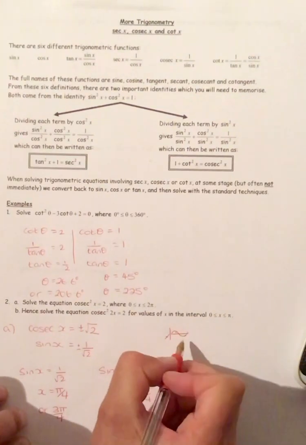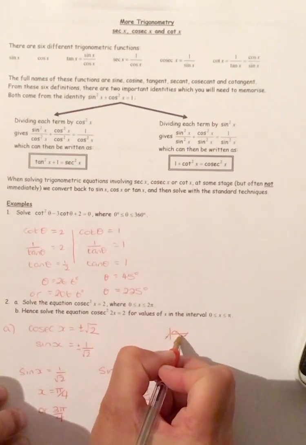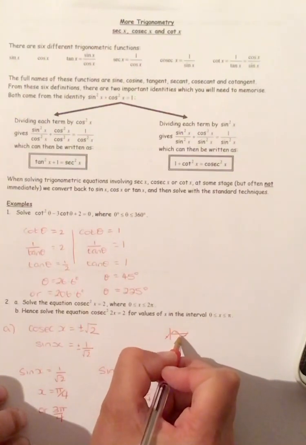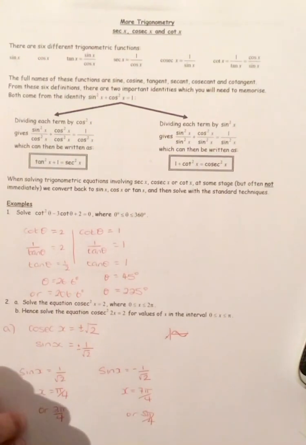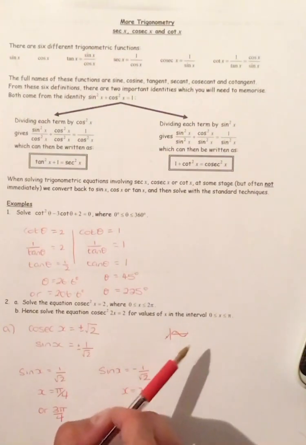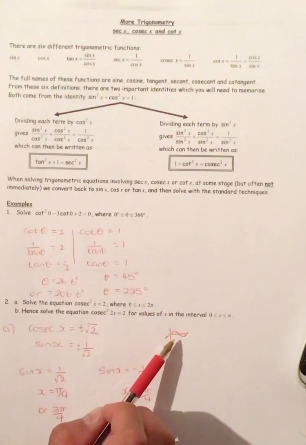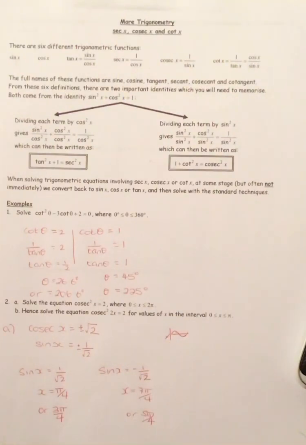And then let's get our other value, which is here. So it's pi over 4 onwards from pi. So that's 5 pi over 4. So those are our 4 values. So although we're working in radians, we can still use our trig graph to help us to work out those extra roots.